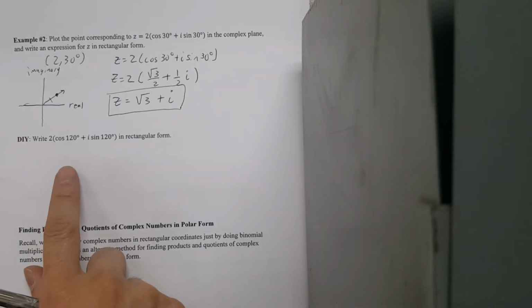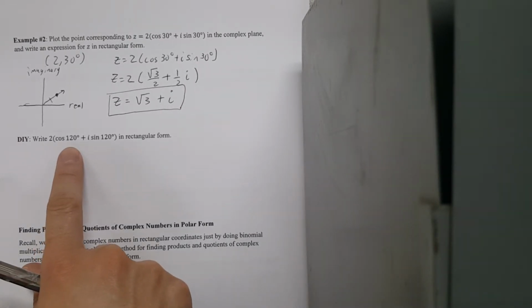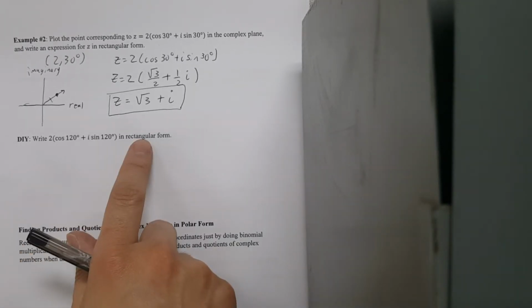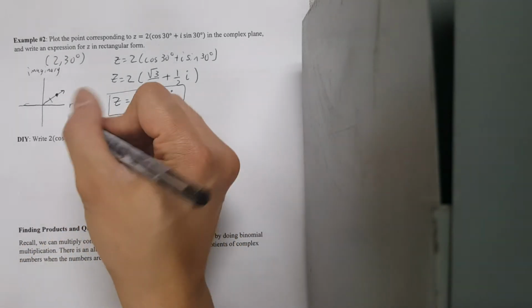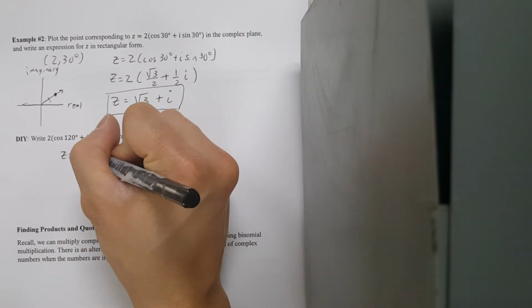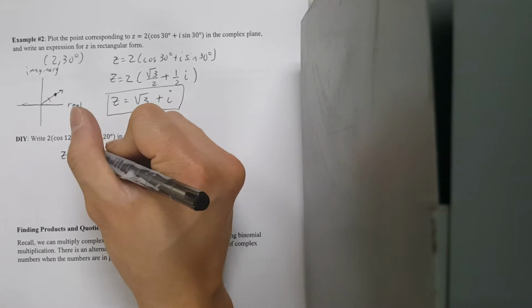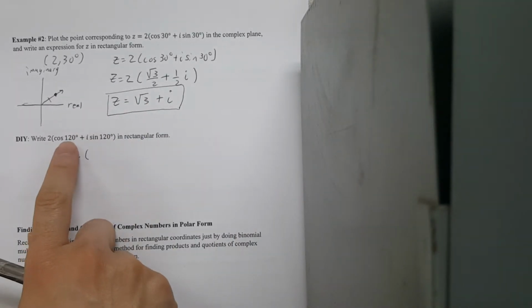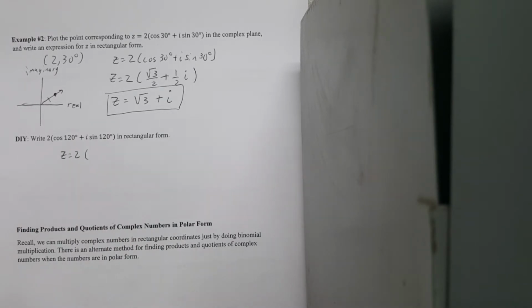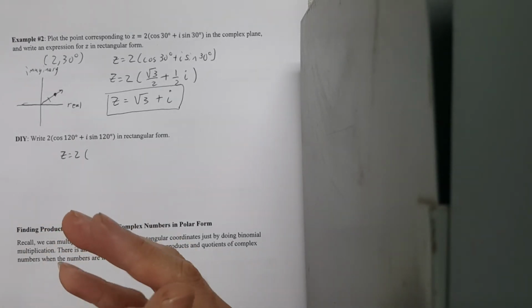Okay, so in this DIY, it doesn't tell you to graph it, so we're not going to graph it. I just wanted to switch this to rectangular form. So z is equal to 2 cosine of 120. 120 is the 60-degree angle in quadrant 2. So if I'm at 60, my cosine is 1/2.